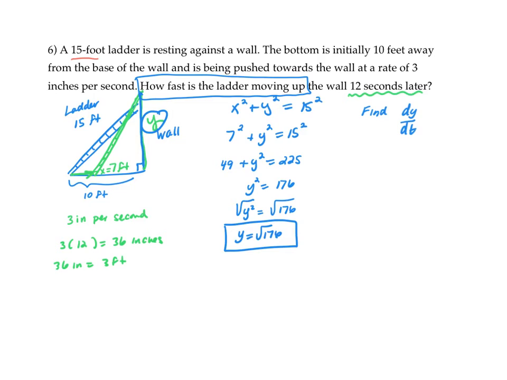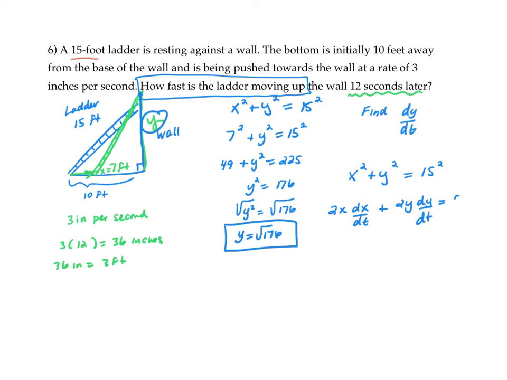So if you go back and you take your Pythagorean equation, x squared plus y squared equals, let's say, 225 or 15 squared, either one, and we take the derivative, we'd have 2x dx/dt plus 2y dy/dt is equal to 0. Let me just fix that.